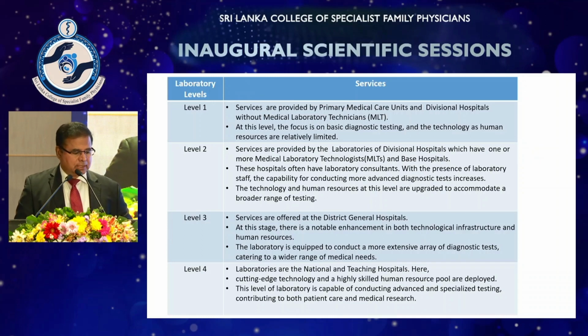Level 4 laboratories are basically at national and teaching hospitals. In addition to the above specialties, they do virology testing, and genomic sequencing facilities may be there. A wide range of testing is done at level 4 laboratories, so they need cutting edge technology and highly skilled human resources to be deployed at that level of laboratories.